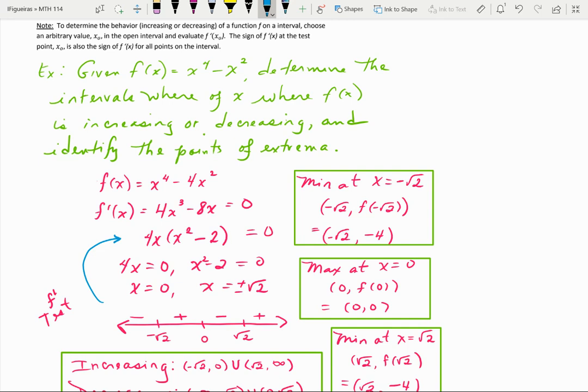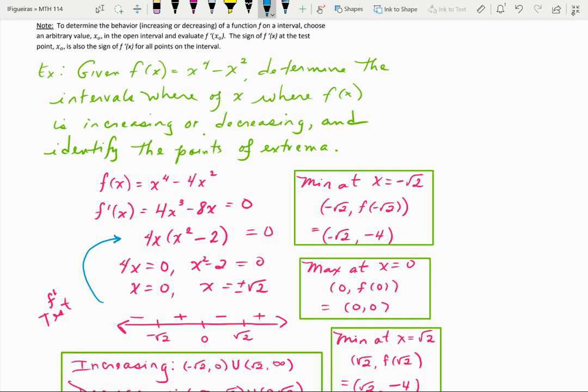Negative root 2 is about negative 1.4. So if I pick negative 2, that's a safe number to pick that's to the left of negative root 2. But you can pick anything you want. You can pick negative 3, negative 10, negative 1,000 if you want to, but keep the numbers reasonable so that they're easy to compute.